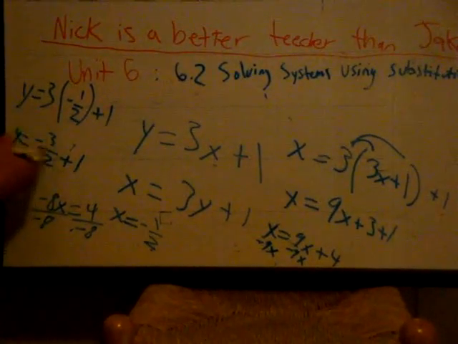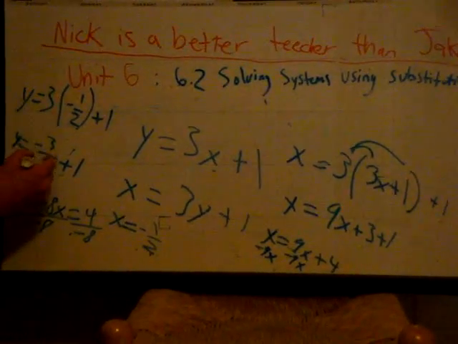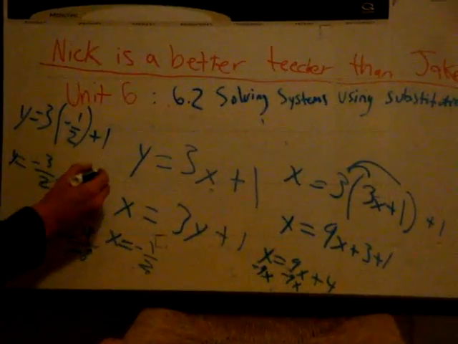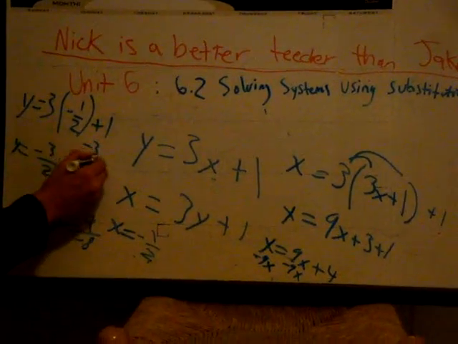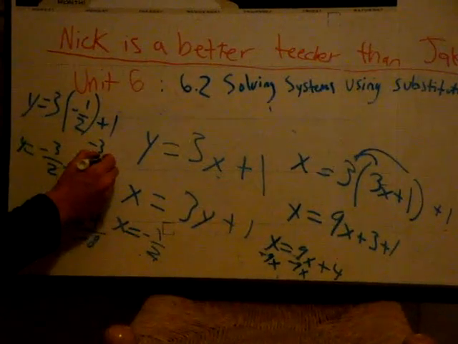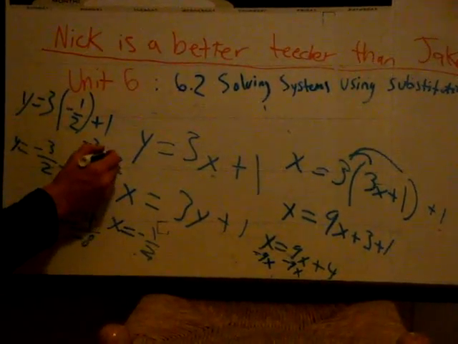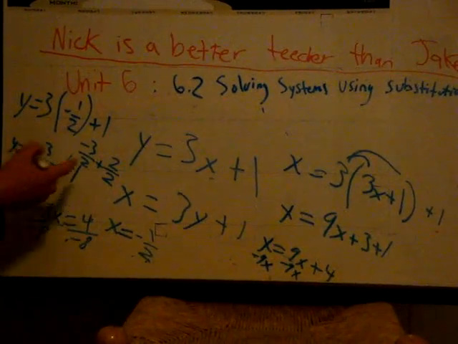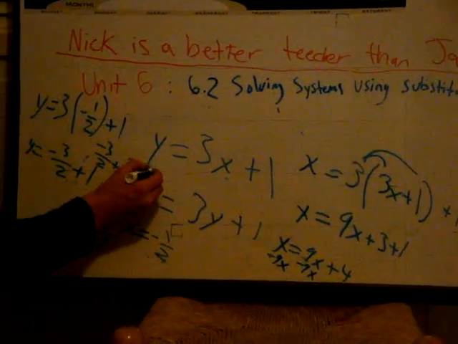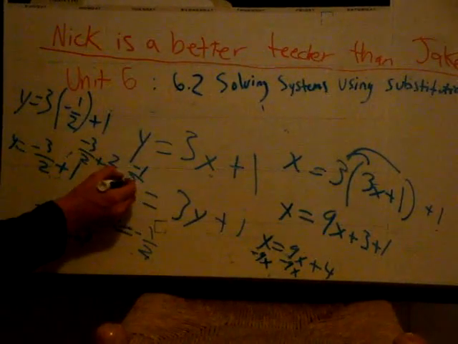Y equals negative 3 over 2 plus 1. And then we add these together, which is the same as negative 3 over 2 plus 2 over 2, which would give us negative 1 over 2.